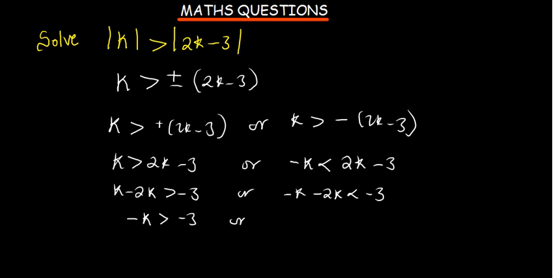Negative k minus 2k, that will be negative 3k, less than negative 3. Divide both sides by this negative. When you divide by the negative, the sign is going to change. And then this is going to be positive 3. Okay? And then here also, when you divide by the negative 3, the sign is going to change. Then you are going to have negative 3.